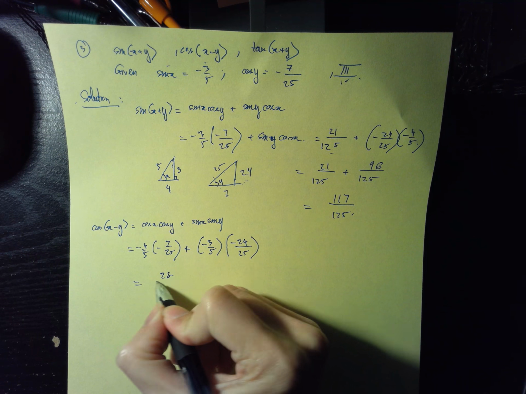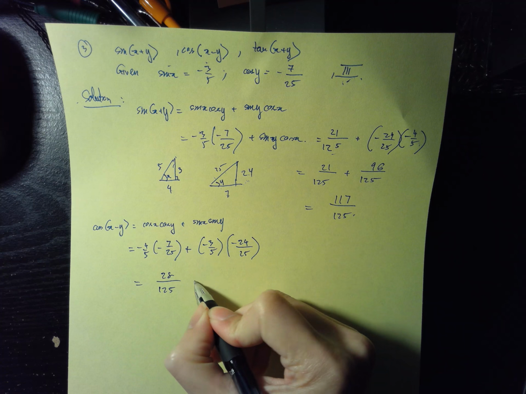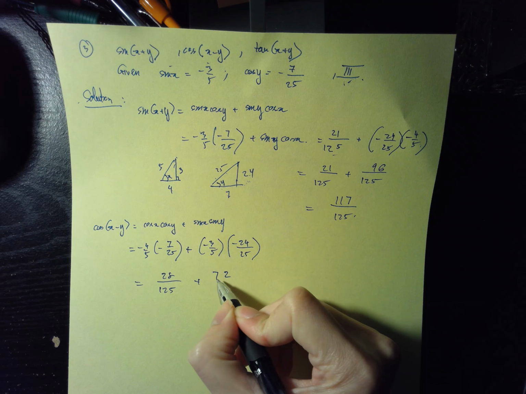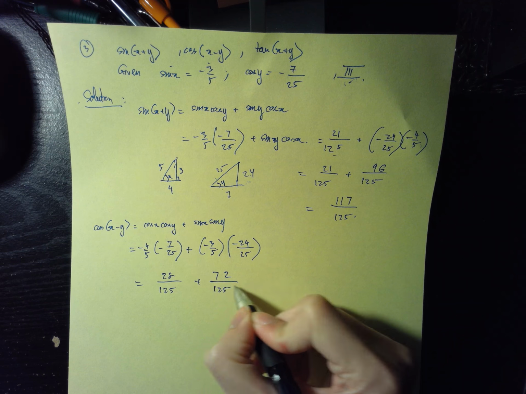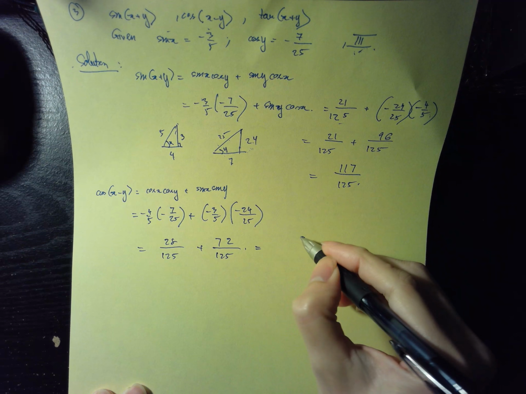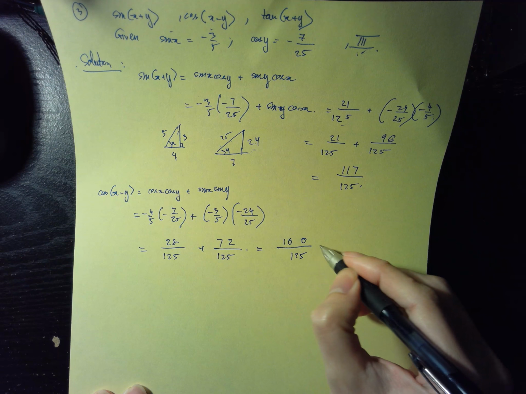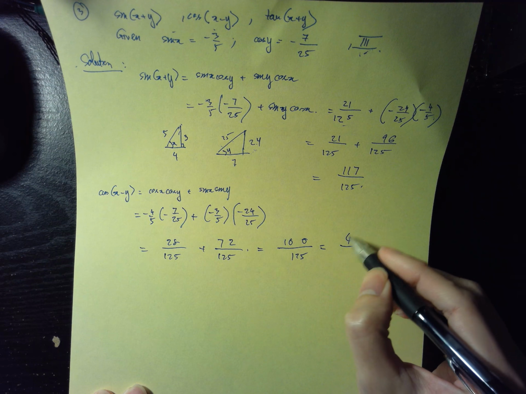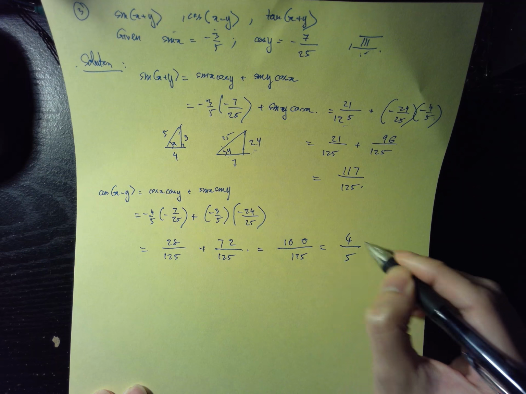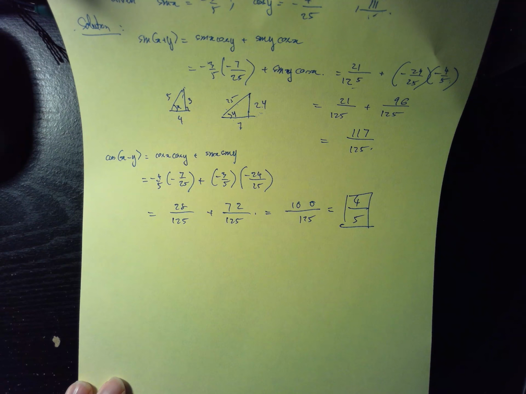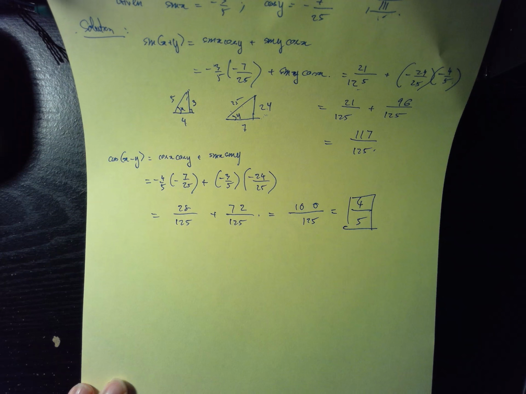So you have 28 over 125 plus 72 over 125. 28 plus 72, so you have 100 over 125. You simplify this, you give 4 over 5, and this is your cosine of the difference. So just plug them in, and make sure you consider the quadrant.